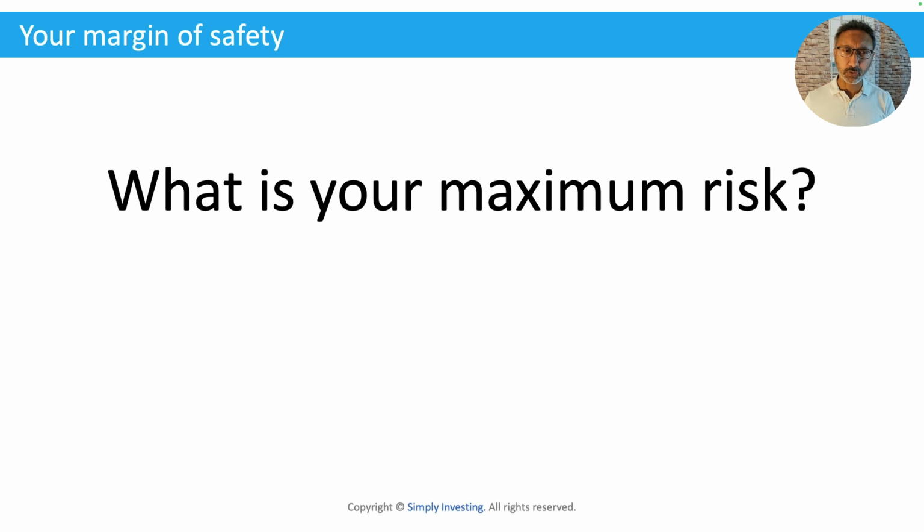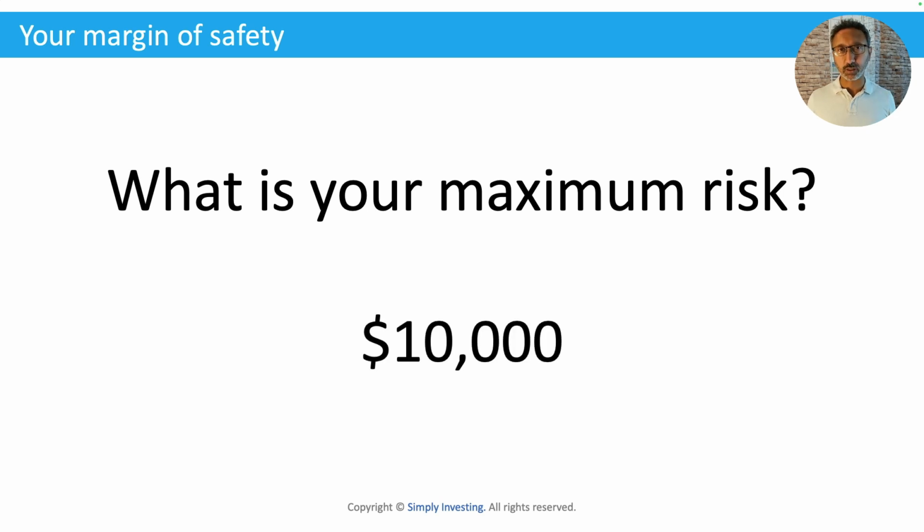Now, before we do that, I'm going to go back to what I talked about before. The first topic is, what is your maximum risk? When you invested in this company, let's say back in 2009, and we said $10,000 was your capital investment, the maximum risk, of course, is going to be the $10,000. That is the worst case scenario. If the stock price drops to zero or the company goes bankrupt, then that's it.